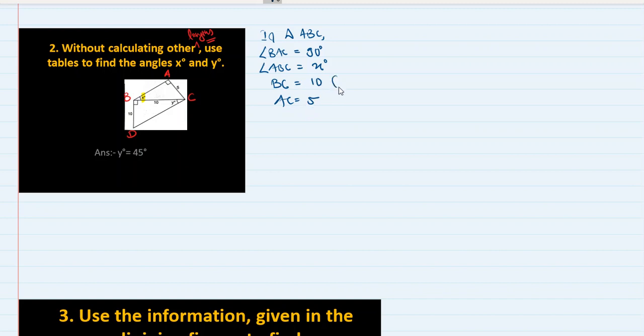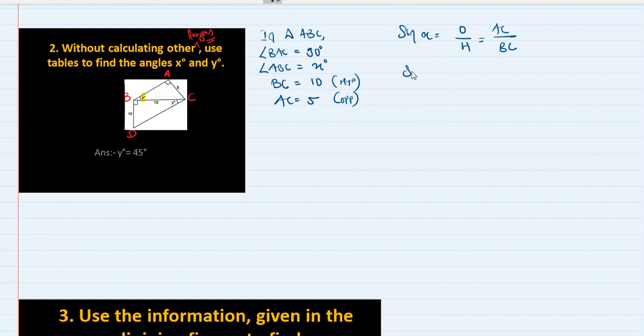So BC is the hypotenuse and AC is the opposite to angle X. Which trigonometric ratio relates hypotenuse and opposite? Sine, SOHCAHTOA, so SOH. So sine of angle X is opposite upon hypotenuse, which is AC upon BC.